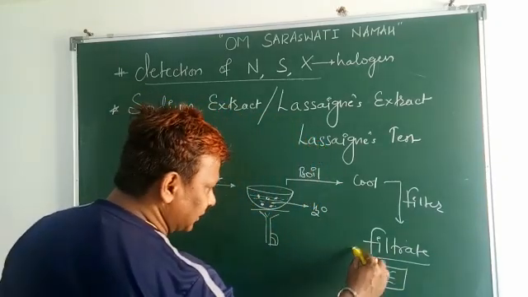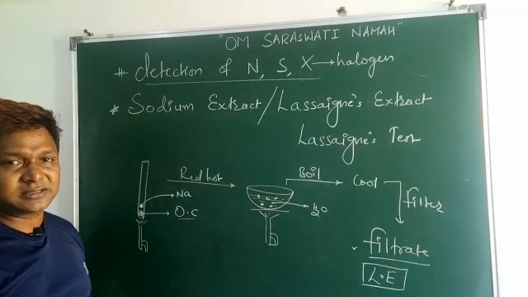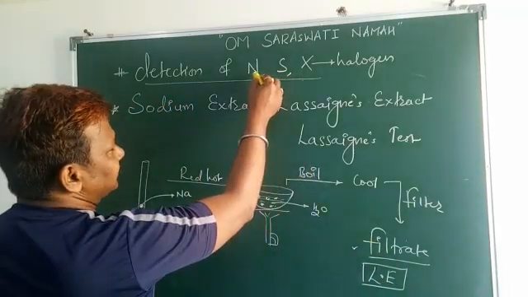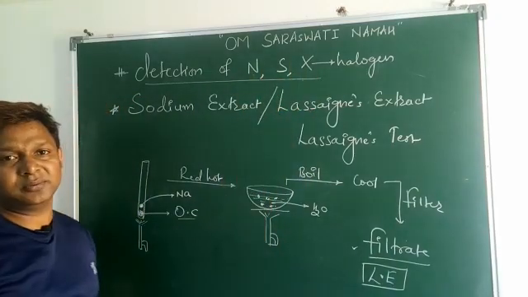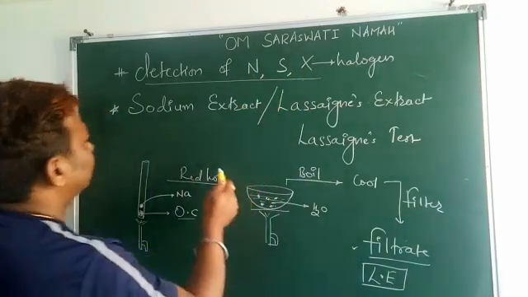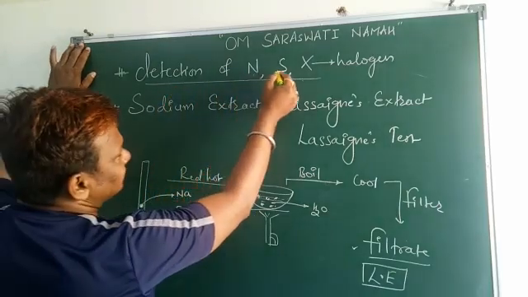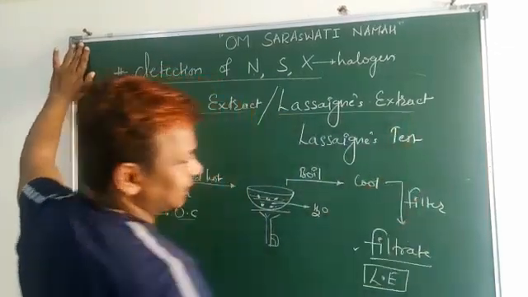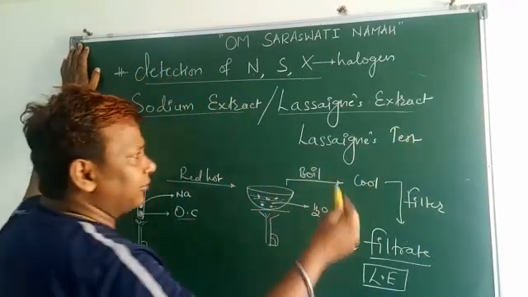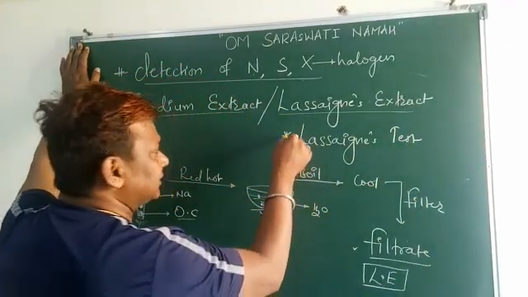With the help of this filtrate, this Lassaigne extract, we are able to find the presence of nitrogen, sulfur or halogen in the organic compound. So first of all, whenever we want to detect nitrogen, sulfur, halogen, you should prepare the sodium extract called the Lassaigne extract, and then perform the test. The test will be called the Lassaigne test.